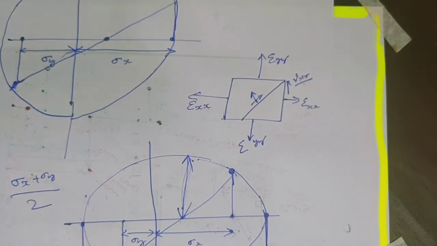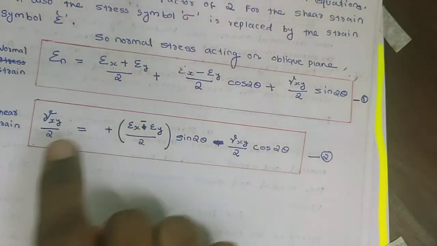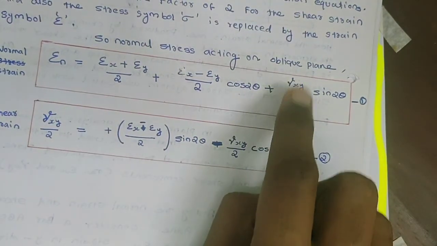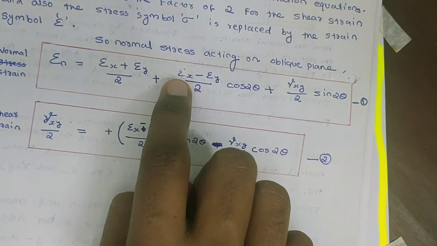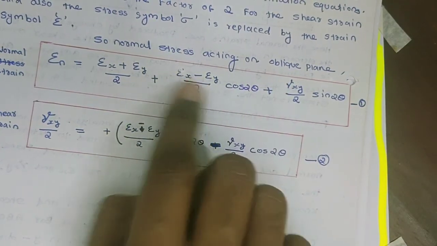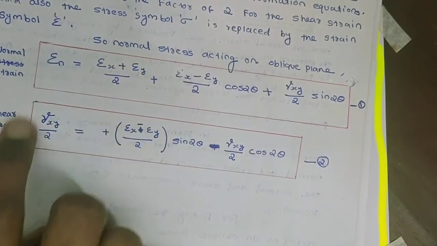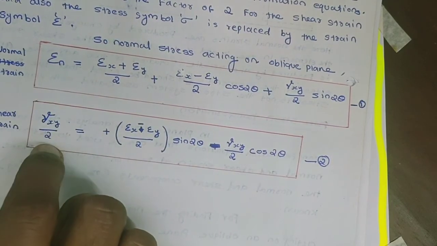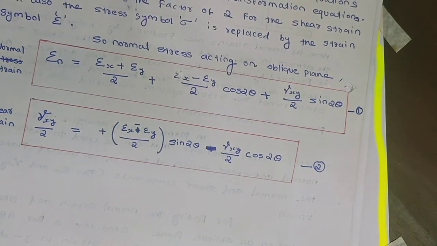So these are the equations. See this, the only difference is tau xy is replaced with gamma xy by 2, sigma is replaced with epsilon, and here also the shear stress is replaced with gamma xy by 2.